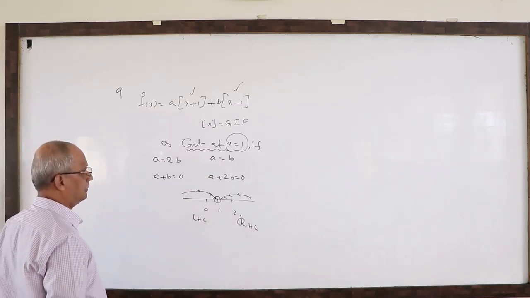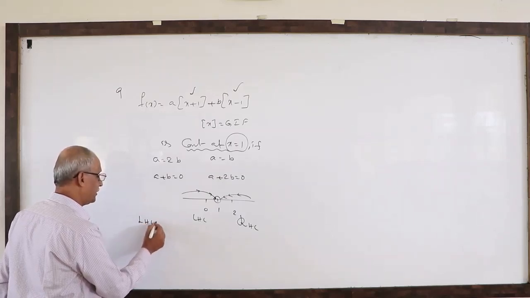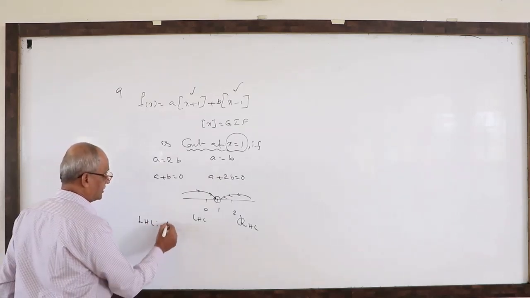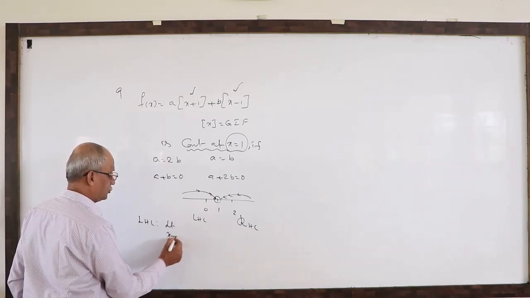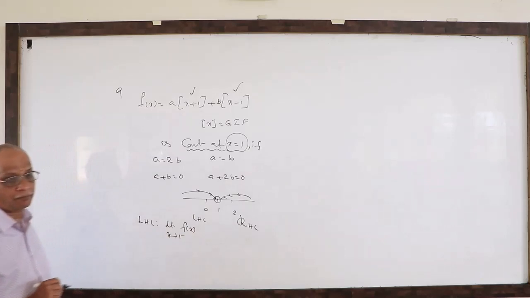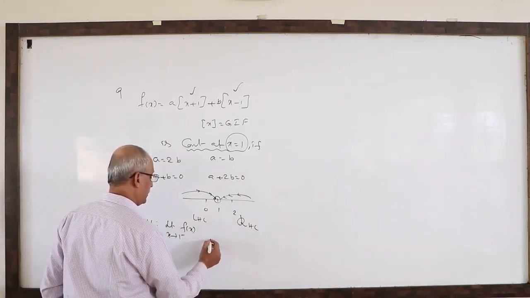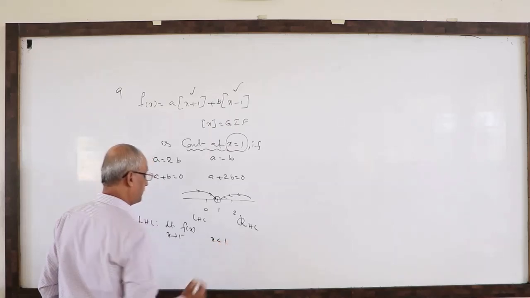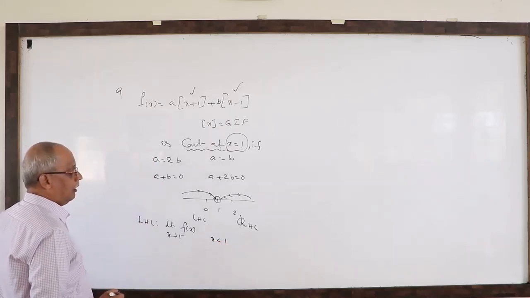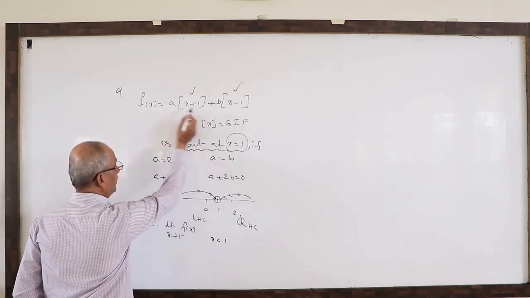For that reason, we will start with left hand limit. What is its symbolic form? X tends to 1 minus f of x. This is our symbolic form. Then what is the definition for the 1 minus here? X is less than 1. When x is less than 1, what is our term here? X plus 1 and x minus 1.